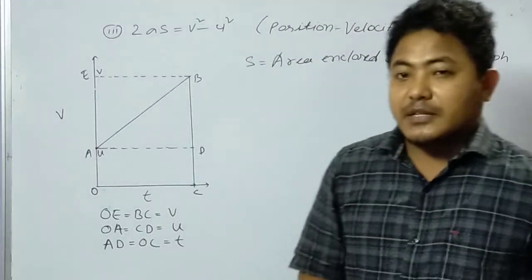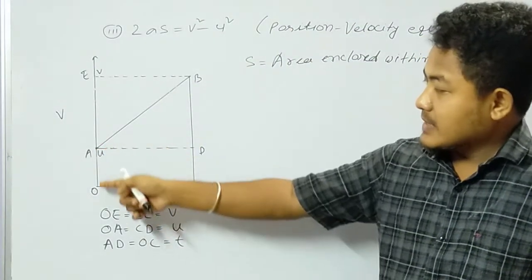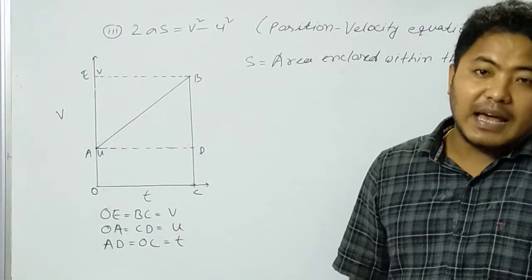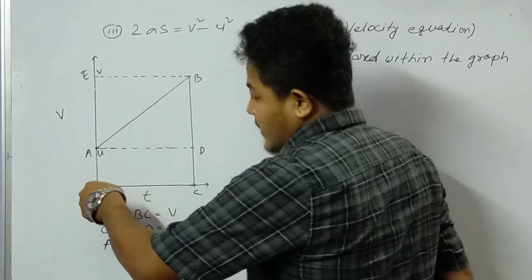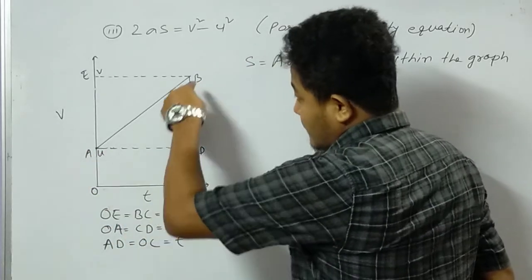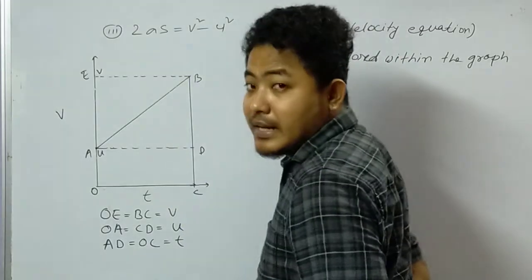In the previous cases, we considered a triangle as the area and a rectangle as another area. But in this case, as you can see, OABC is forming a trapezium.